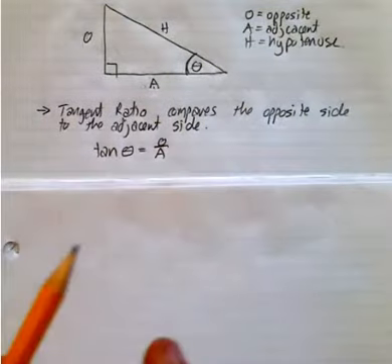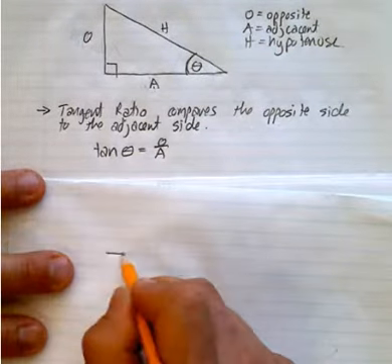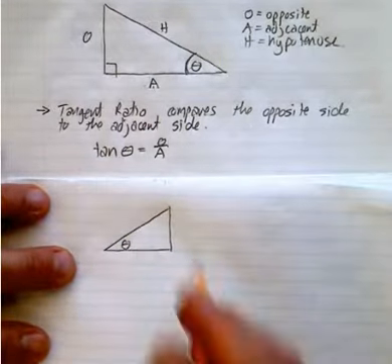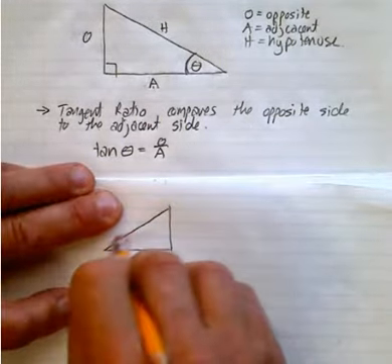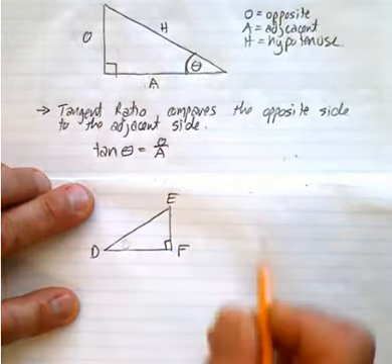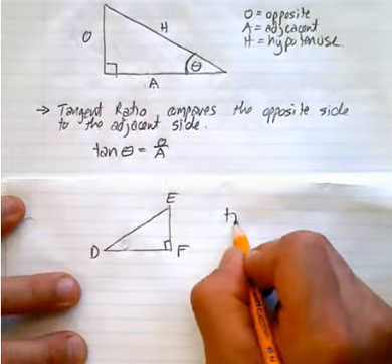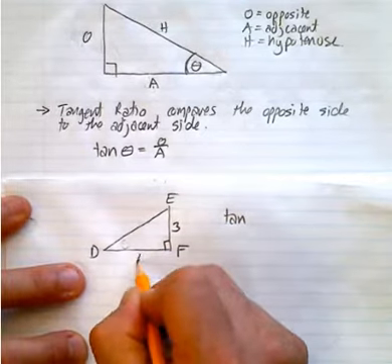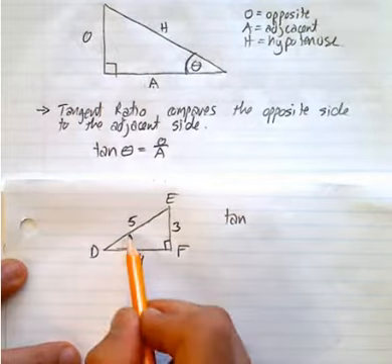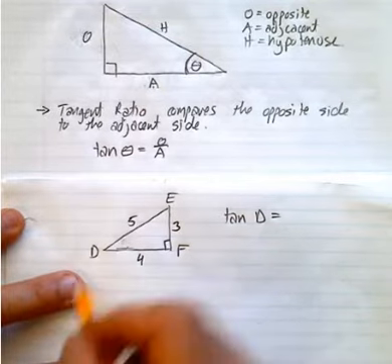Now, let's look at how we're going to do this. Let's go D, E, and F, F being my right angle. Let's put some numbers in here, 3, 4, and 5. Let's just use a 3, 4, 5 triangle, a Pythagorean triplet. Now, if I asked you to find tan D, what two sides would you compare?